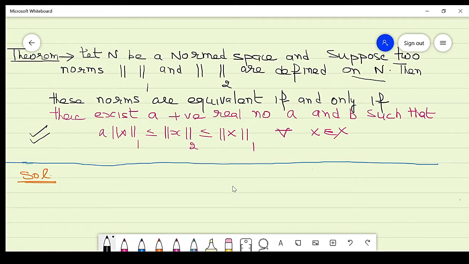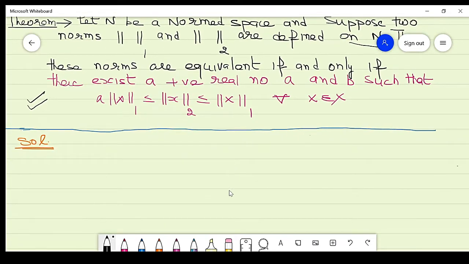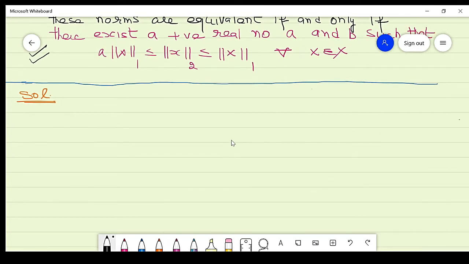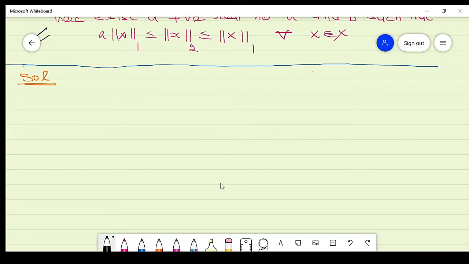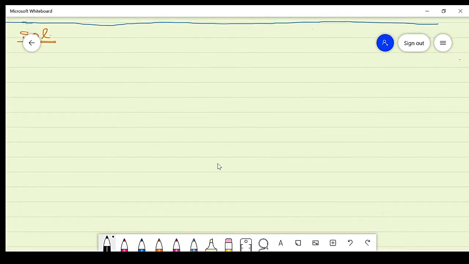So they induce the same topology on the normed linear space N. We will understand this theorem by doing a proof. So we have one normed linear space N and two norms, norm 1 and norm 2.